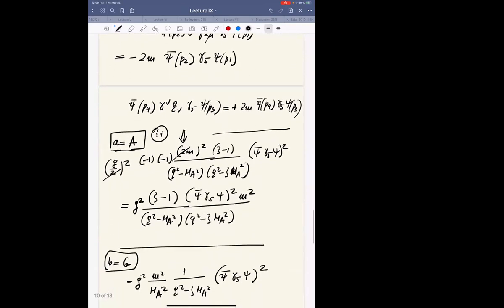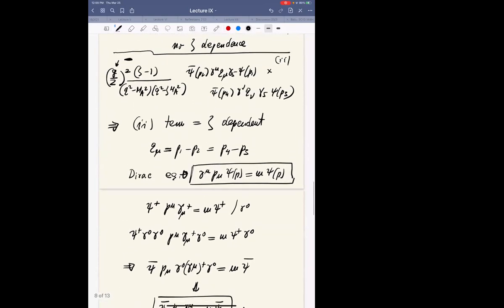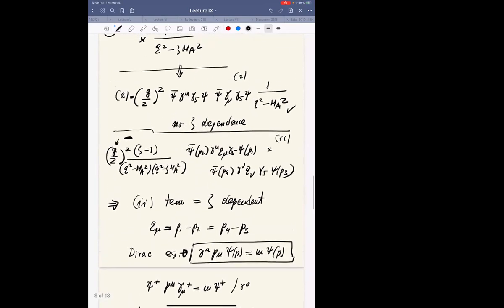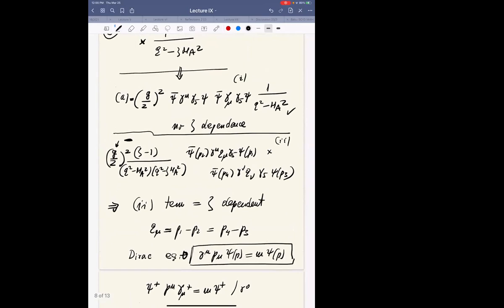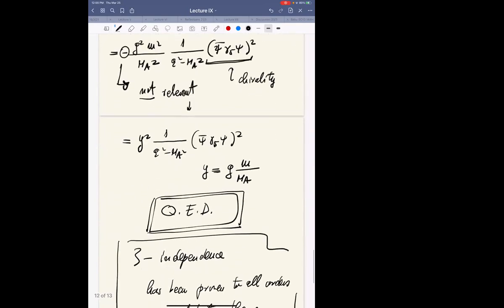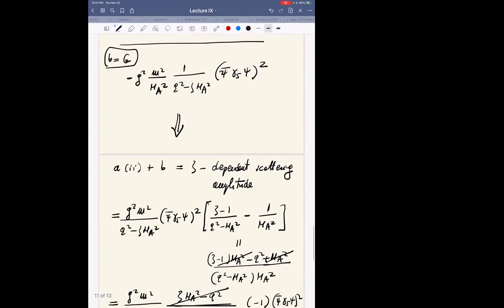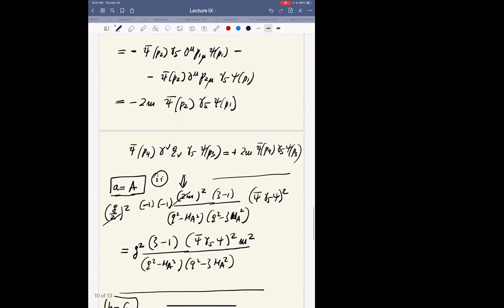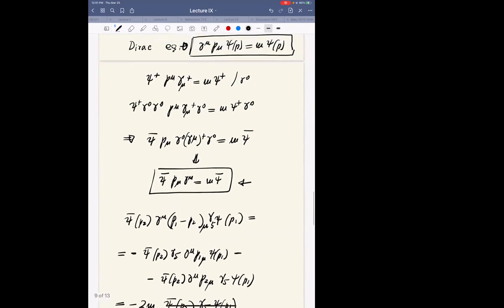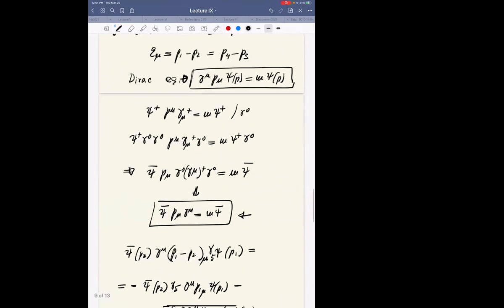No, that's number 2, so I need number 1. Here it is. It had a minus sign, G over 2 squared. Yeah, G over 2 squared.